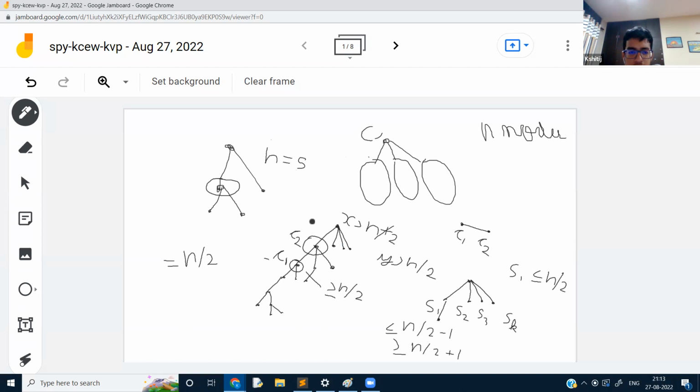Since if two children have it, then the number of nodes will be n over here, but this does not include the centroid node. And this means that the number of nodes is more than n, which is not possible. So at most one of these can be centroid.